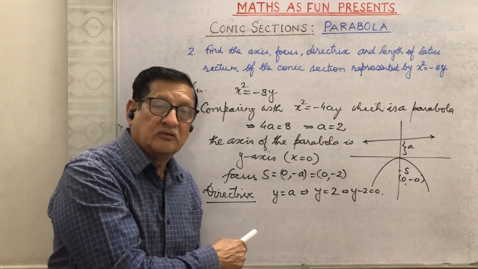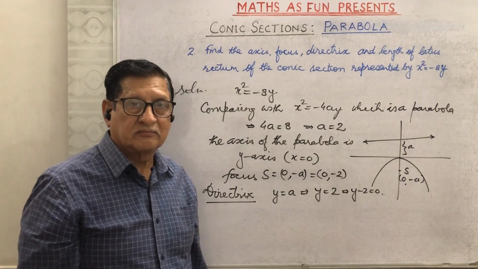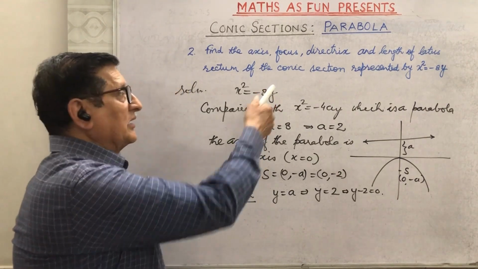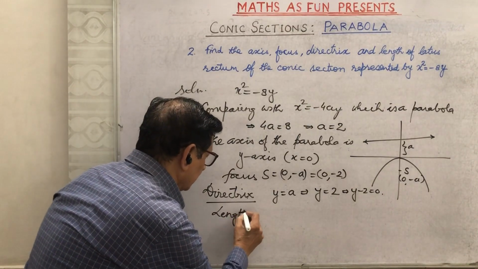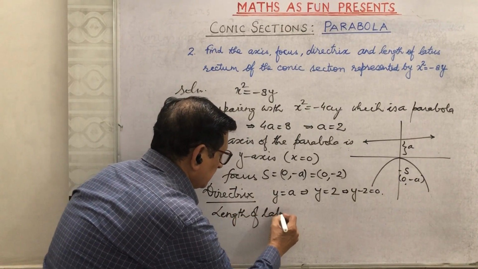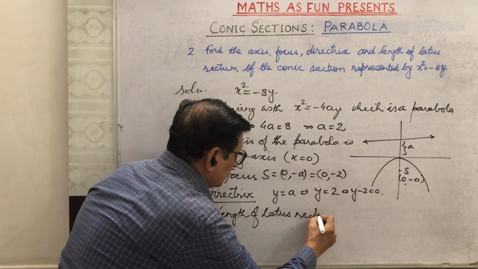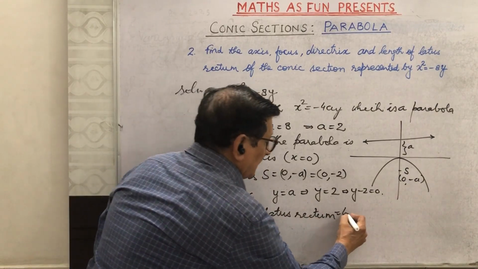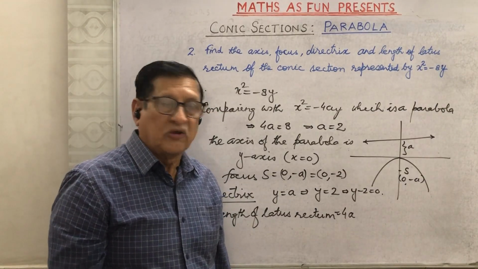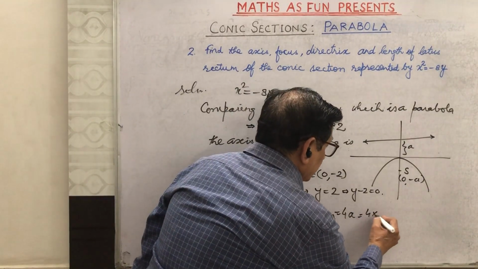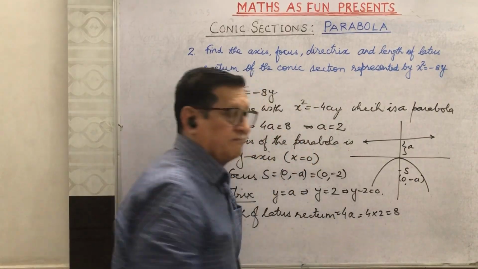This is the directrix. Now we have to find the length of latus rectum. The length of latus rectum, that is 4a. 4a means 4 into 2, that is 8.